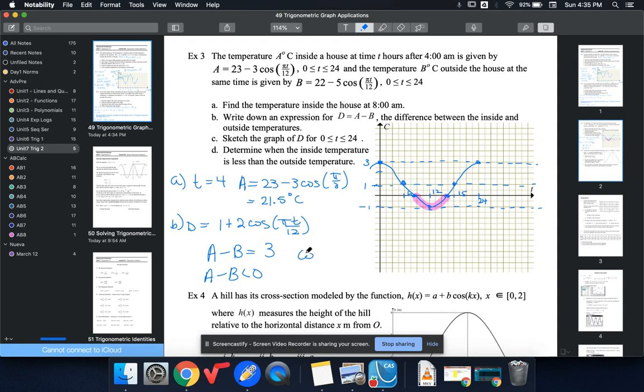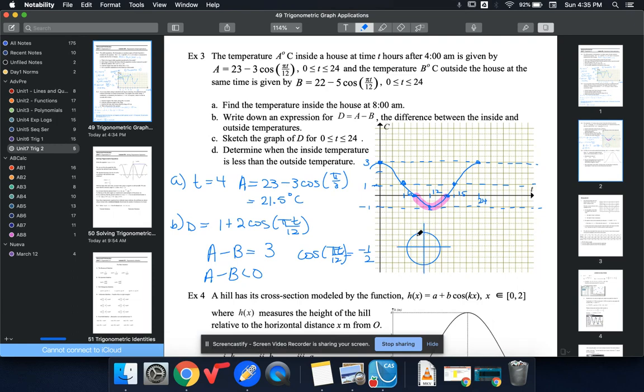So if I rearrange that, I'll get cosine of pi t over 12 is equal to negative a half. Well, this is something that I know, or I should know. I should know the angles when cosine is negative a half. That's going to be my tall angles in quadrants 3 and 4. So I'm thinking about my unit circle.